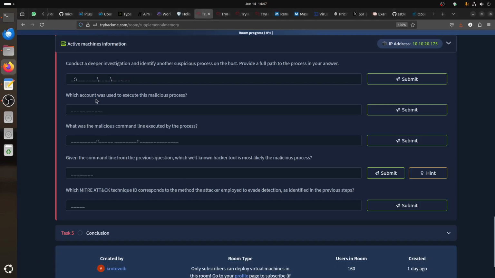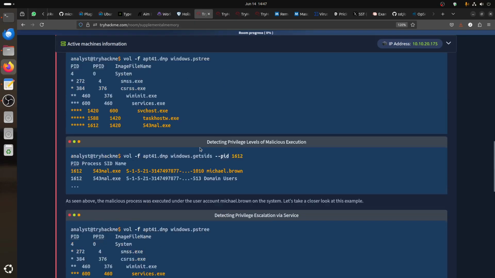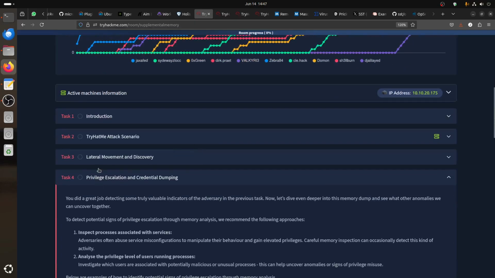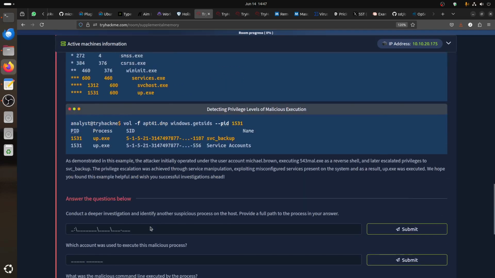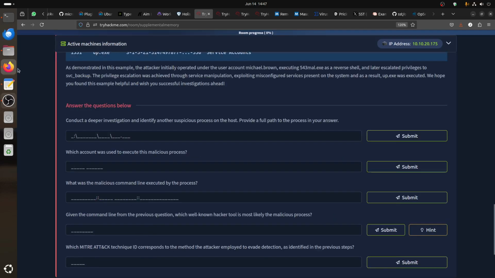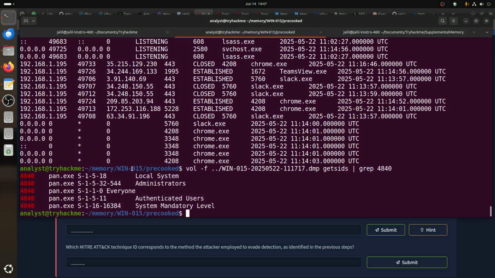So the question is, which account was used to execute this malicious process? Here is where the privilege comes in. Remember, before, in the lateral movement, we saw that the SID was running as a user, but this one now will be different, because you will see local system is running as a local system.